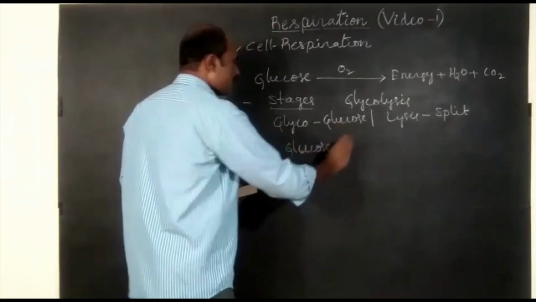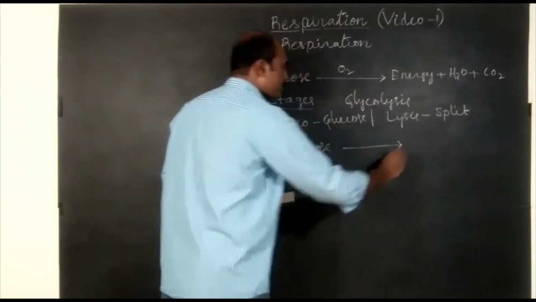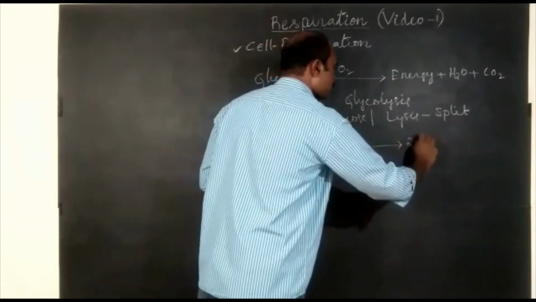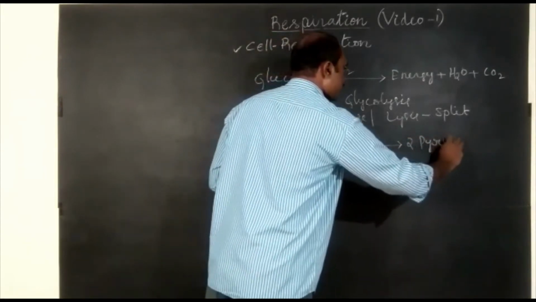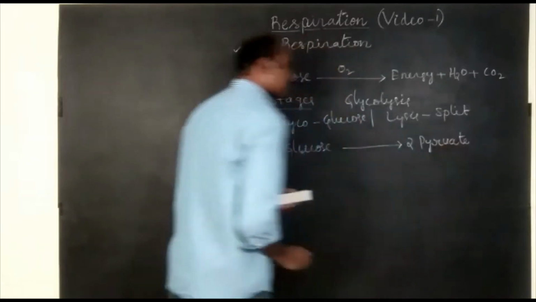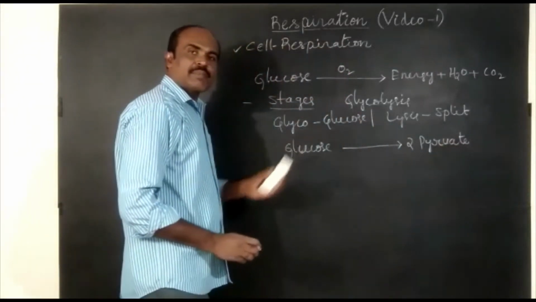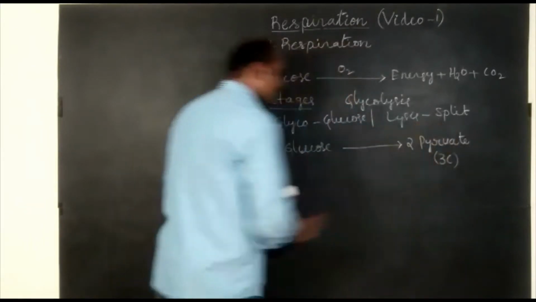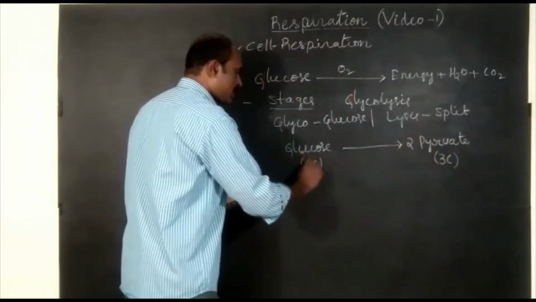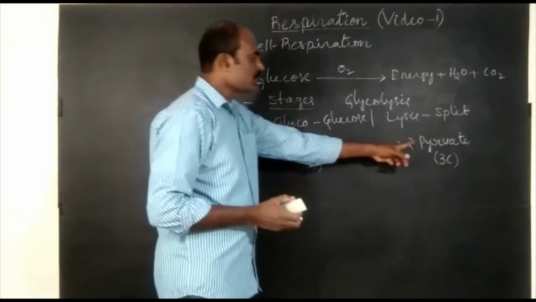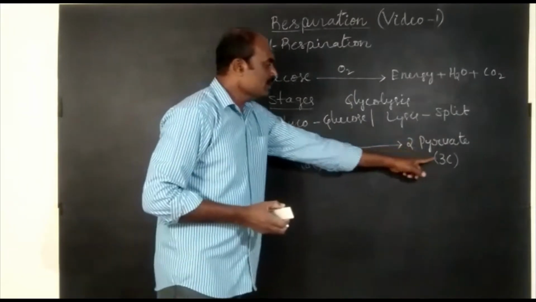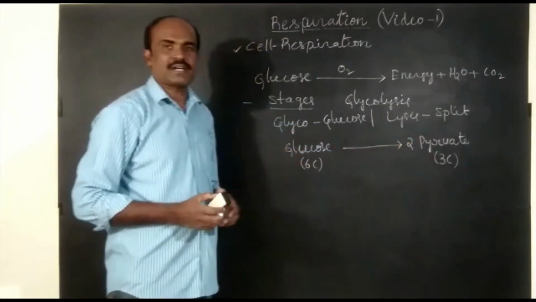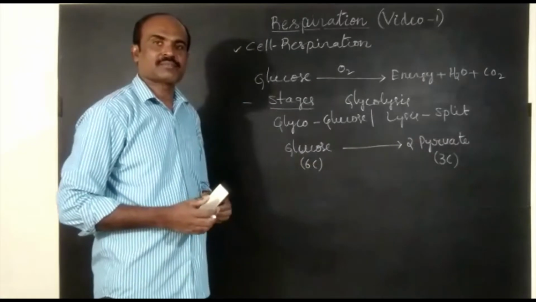Glucose is broken down into two molecules of pyruvate or pyruvic acid. This pyruvate is a 3-carbon compound. So glucose is a 6-carbon compound. So 2 molecules of pyruvate, 3 into 2, 6 carbon atoms.